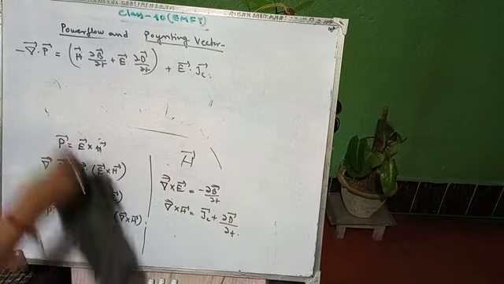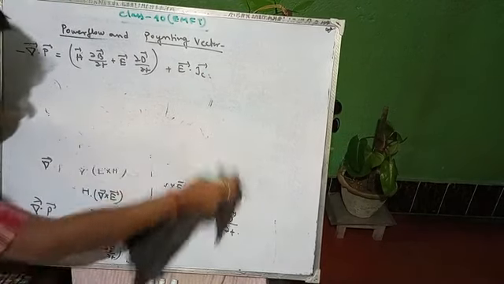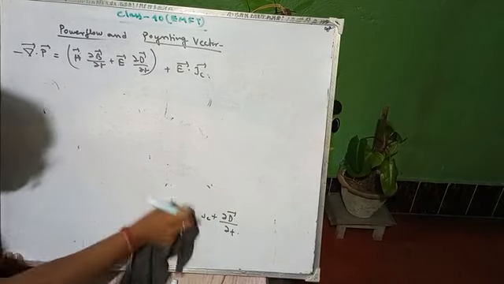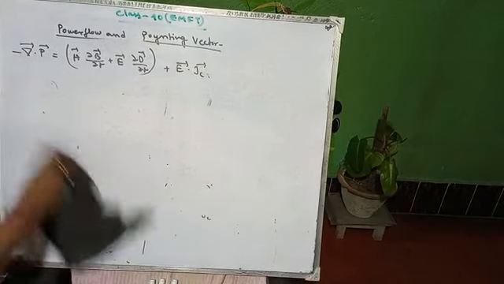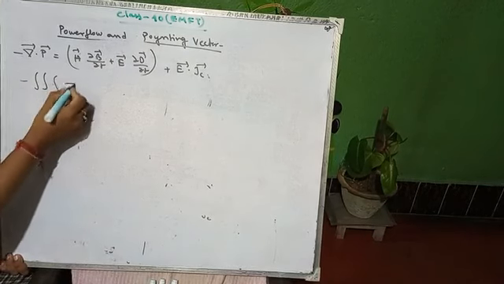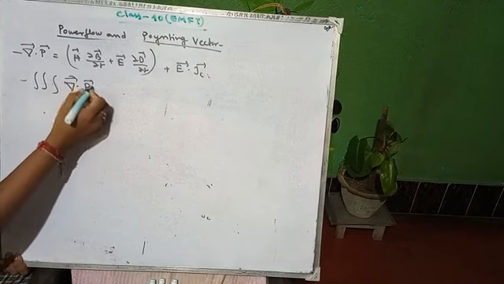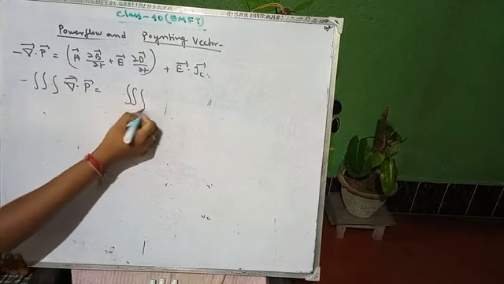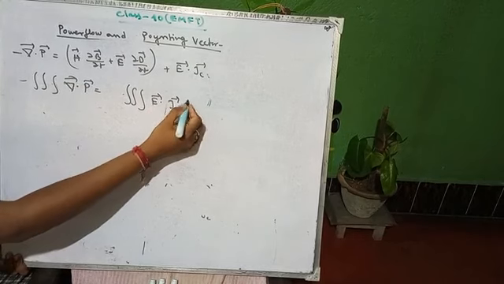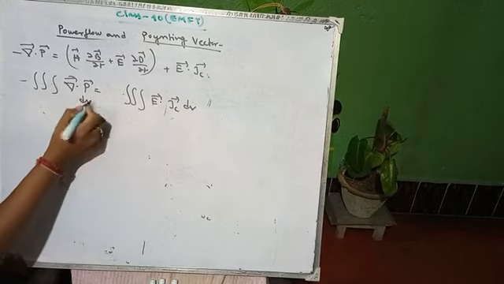Now write: taking the volume integration on both sides, we have the volume integration of the divergence of P equal to the volume integration of E dot J_c dv, over the volume dv.